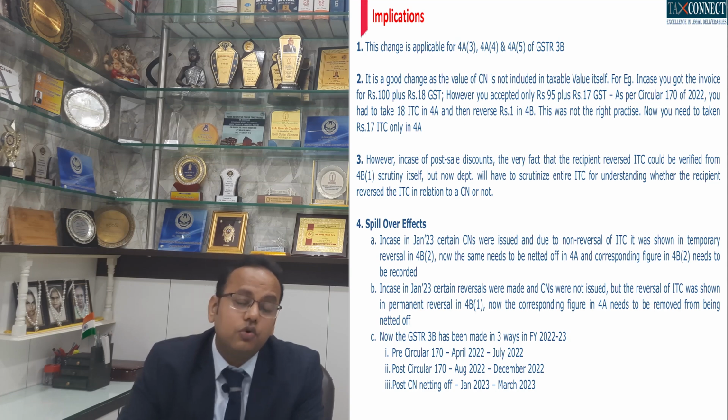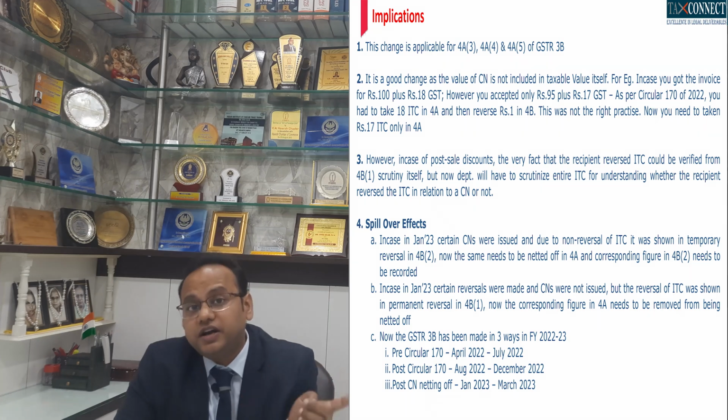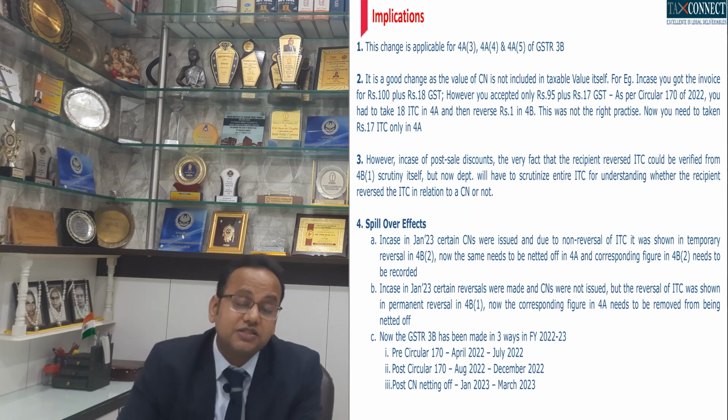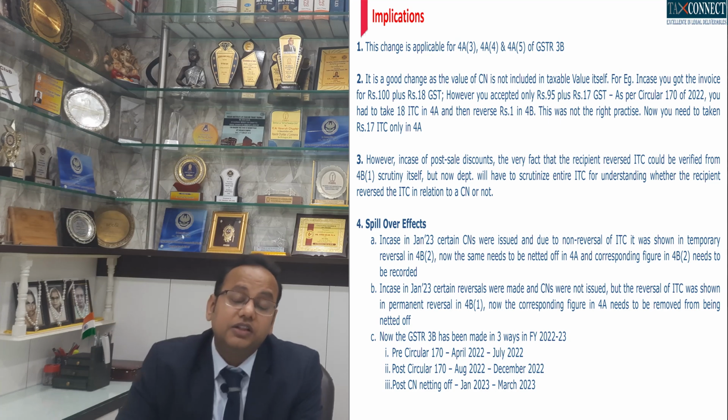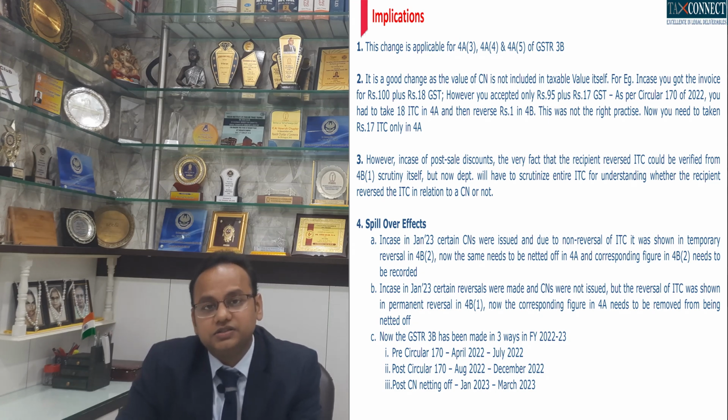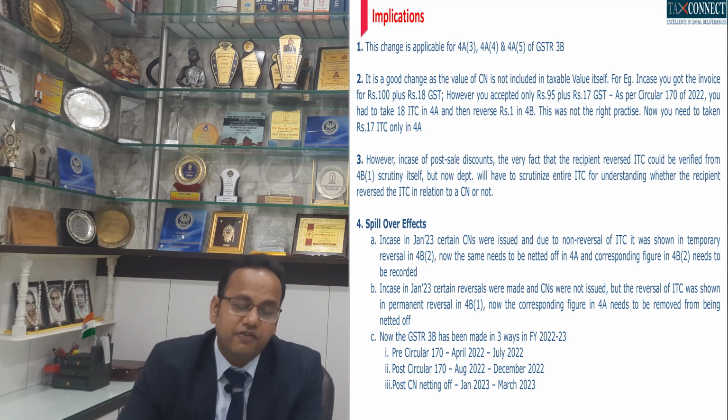So, you have to remove such impact of the credit note because you have already taken the impact in the last 3B, and your 4A5 this time would disclose a higher figure than what is auto populated, and hence again you have to keep the reconciliations for this spillover effect.